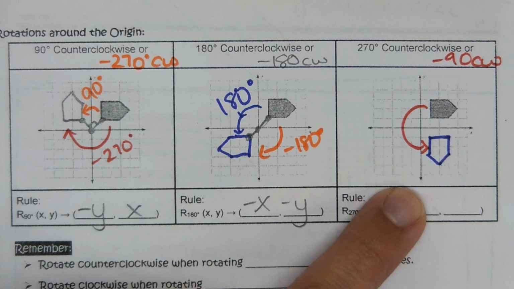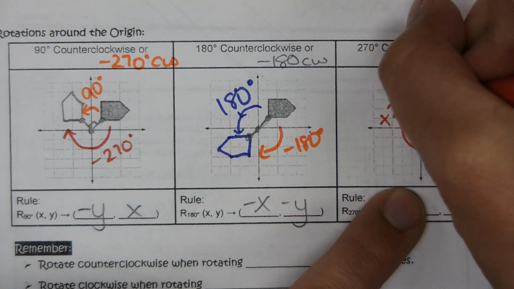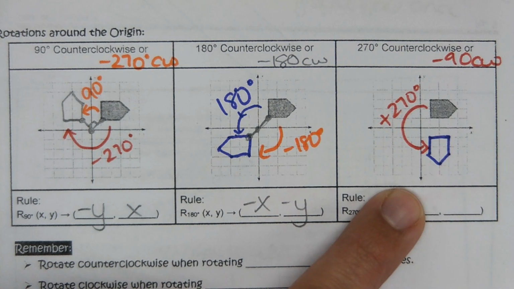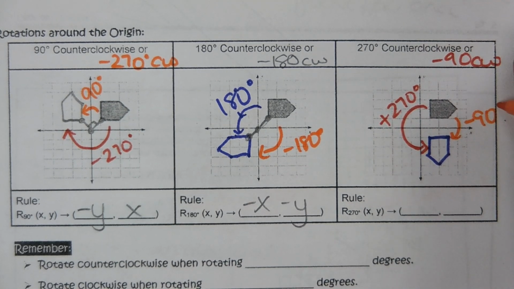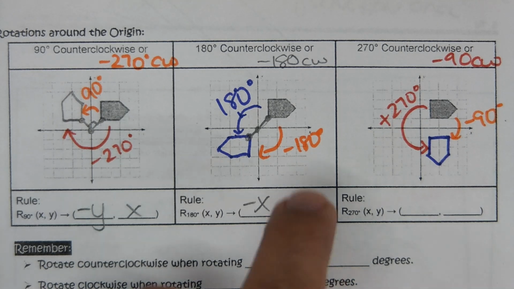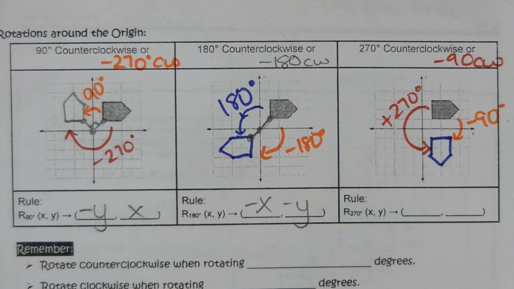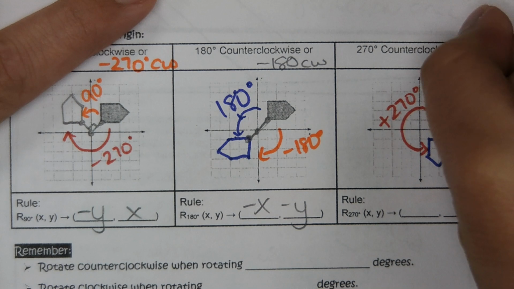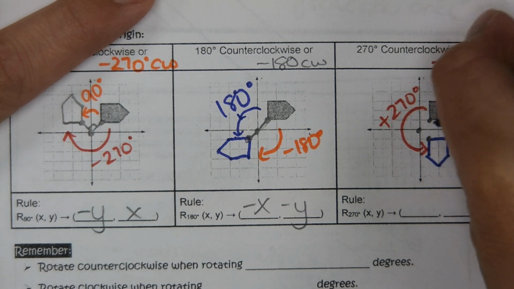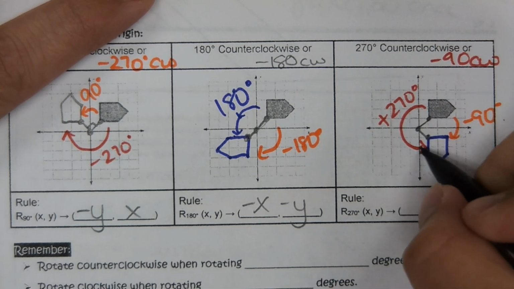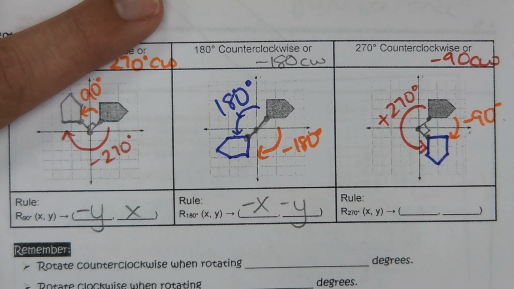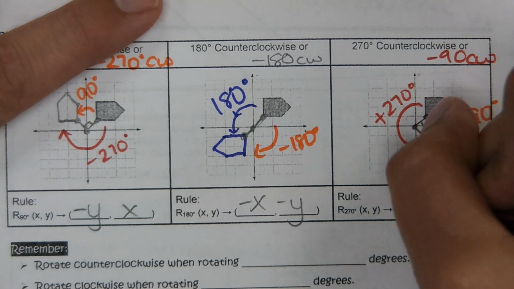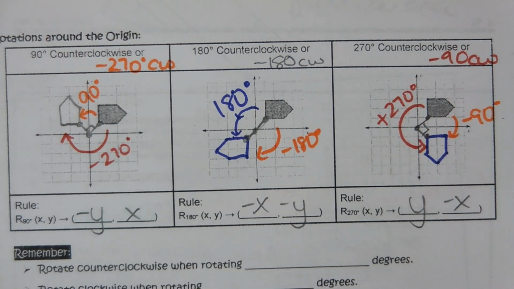And so this would be positive 270 degrees, or also negative 90 degrees. Same thing. And it lands right here. And again, you can check your work just by choosing a corresponding point, drawing a line to the origin, and this should make 270 degrees here or negative 90 degrees this way. And then the rule for the coordinates will be (y, negative x), but we'll get to that in a few minutes.